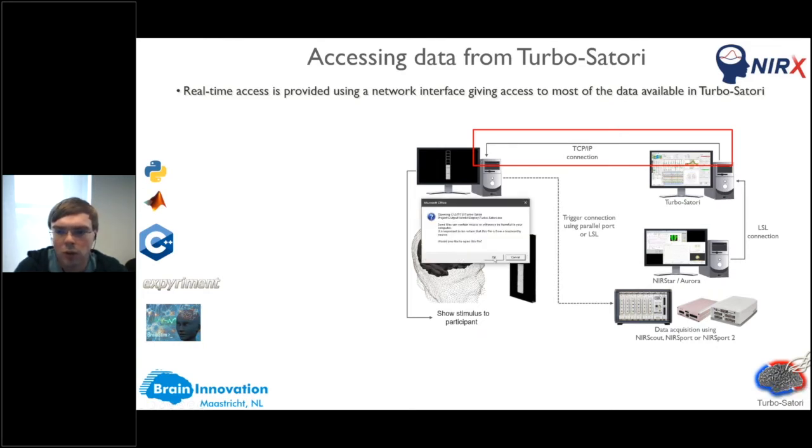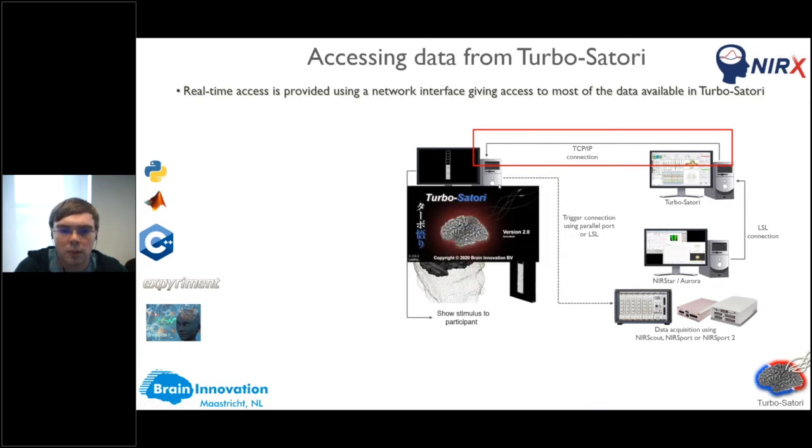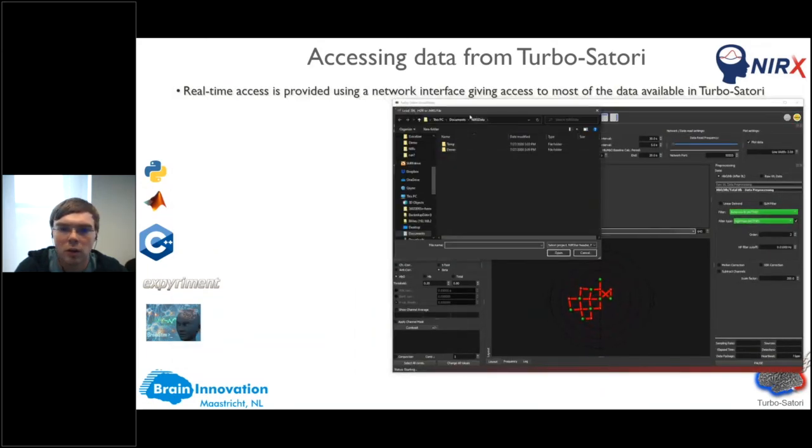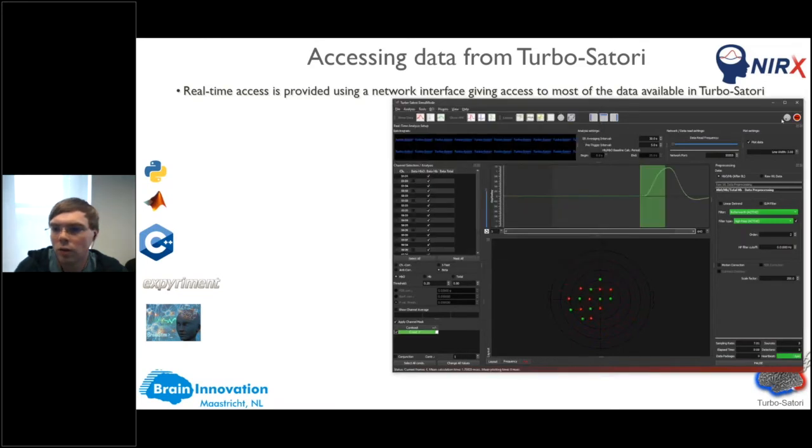First we start the software again and we load a data set, the same that we loaded last time. This time we don't do it the slow way, we just load it fast.